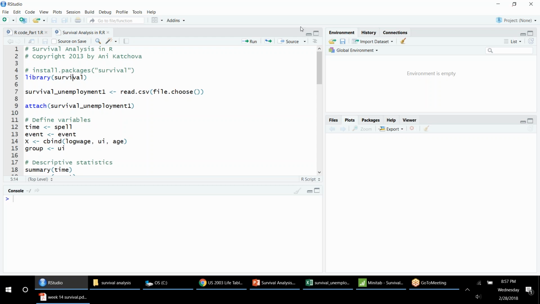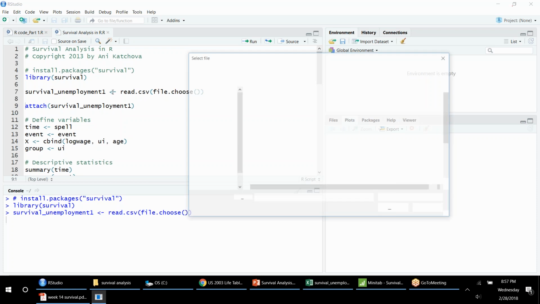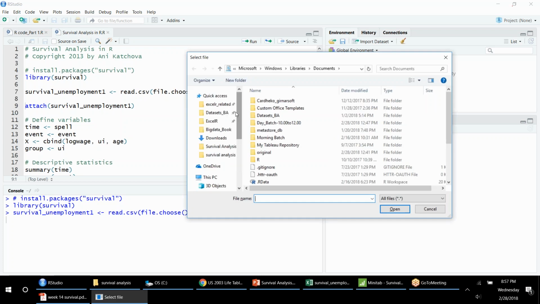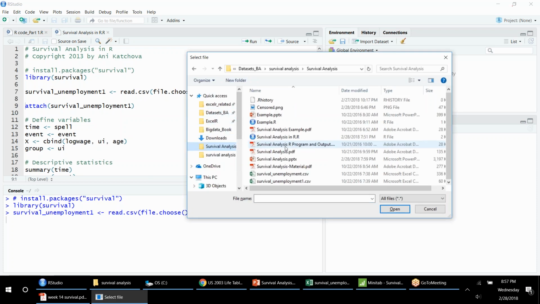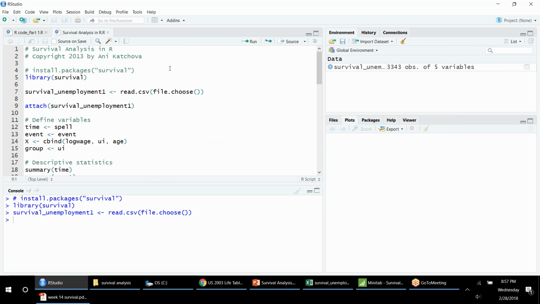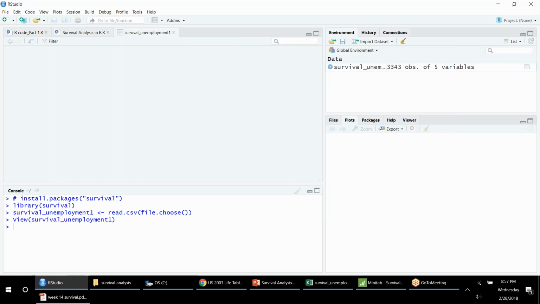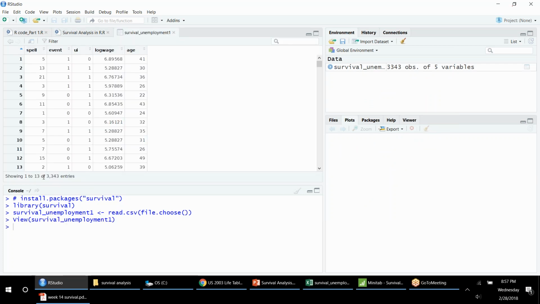So we know R is very easy. The package is survival. So library of survival, and then let us read this data set into R. So let me navigate. So I have loaded this data set. I have 3,343 observations.